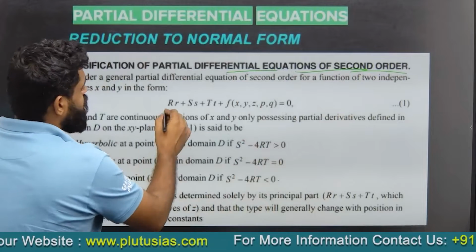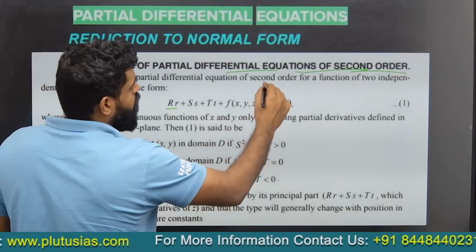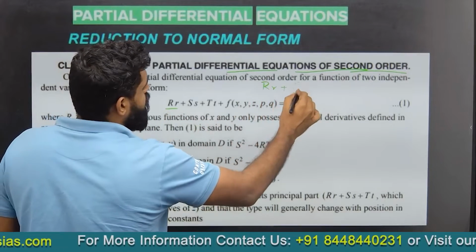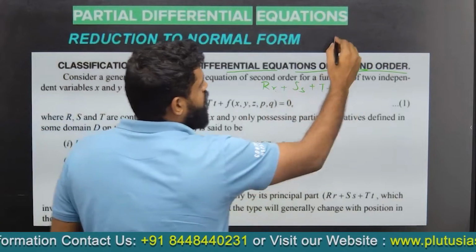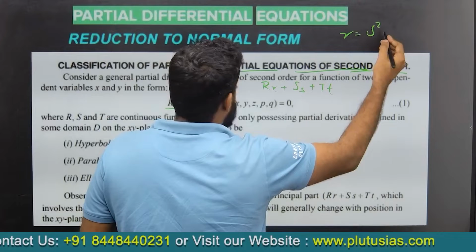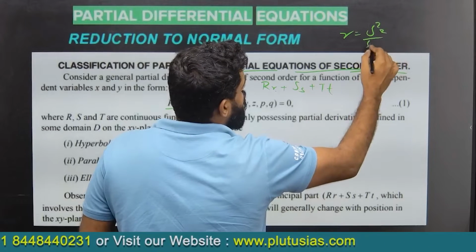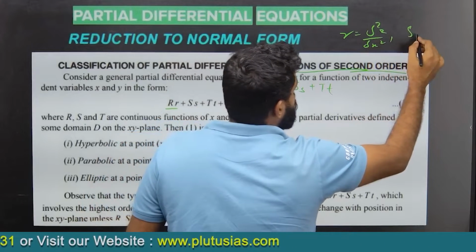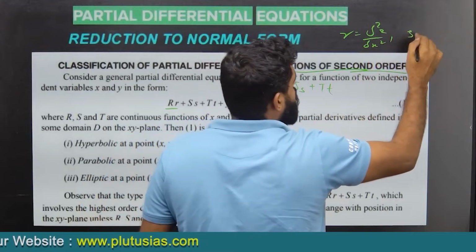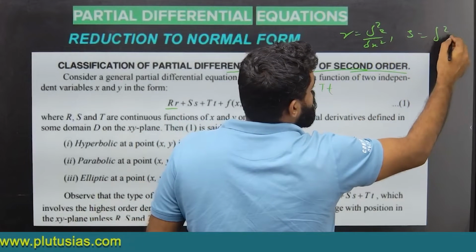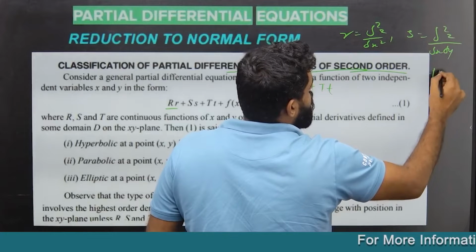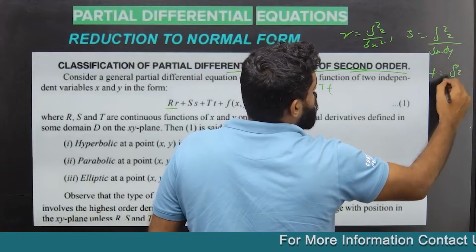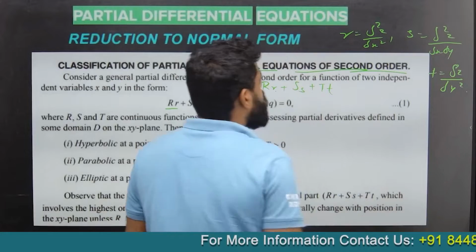So any equation of second order will be of the form Rr + Ss + Tt. Now this r, s, t, you know that r is ∂²z/∂x², s is small s, that is ∂²z/∂x∂y, and t is ∂²z/∂y².